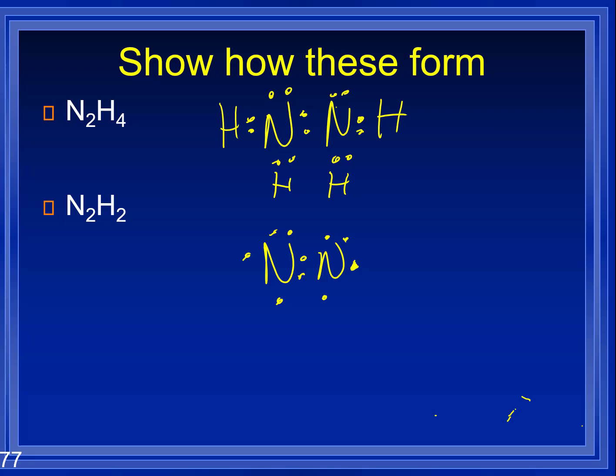What happens if I put both H's on the same end? I put that H there and that H there. I fixed that nitrogen, but is there any way I can fix the other nitrogen? Well, you can make a double bond by moving those in, but that wouldn't work.